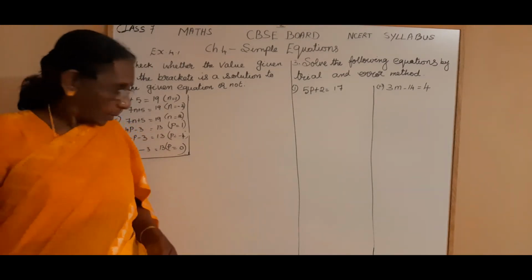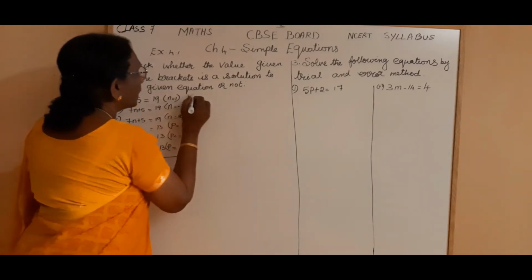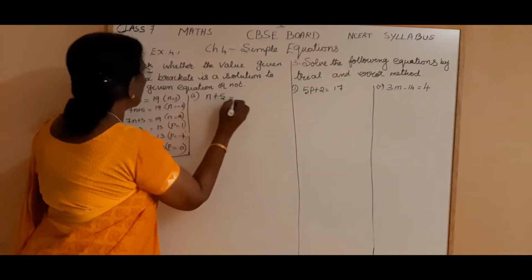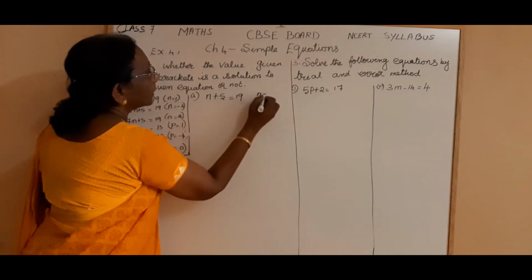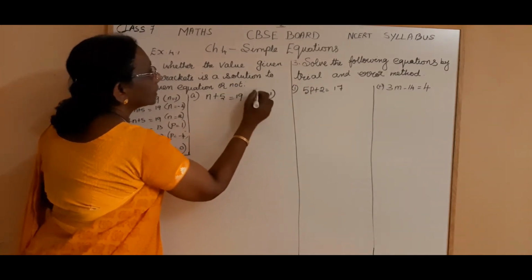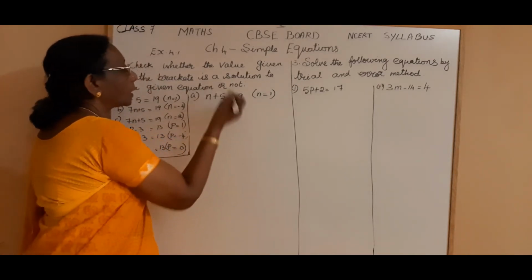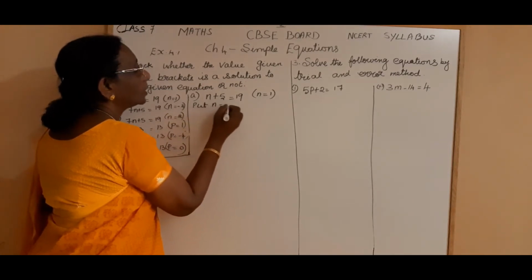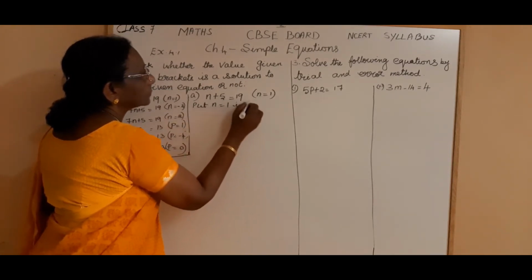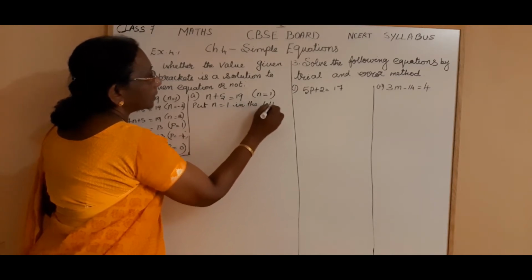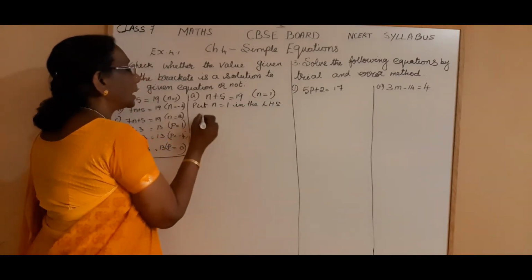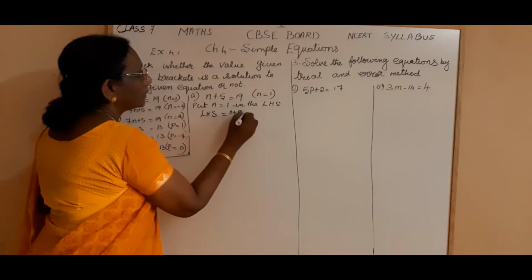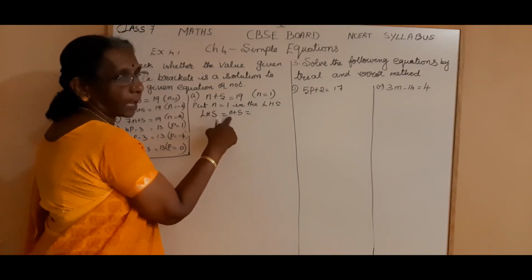So now we will do sum number 1. Sum number A, n plus 5 is equal to 19. We have to check whether n is equal to 1 is a solution or not. So now what should you do? Put n is equal to 1 in the LHS. So what do you get? LHS is what? n plus 5 will become, in the place of n, what should you write? 1.